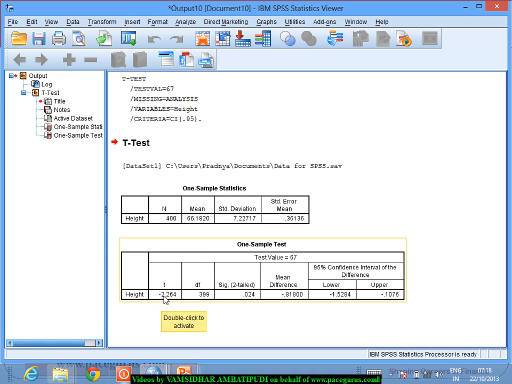That is what comes out as the t-value, and the degrees of freedom always is 1 less than the total sample size. Using these two things, I look out for a t distribution table, and for us as the interpreters of the data, I don't need to be so much technical. For me, what matters is the significance level itself.